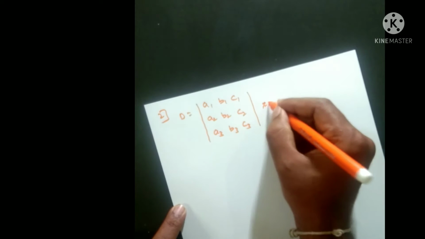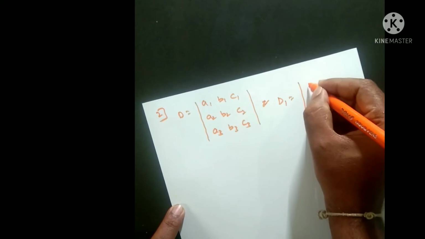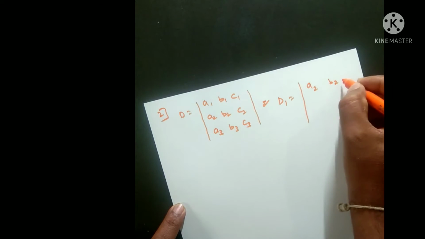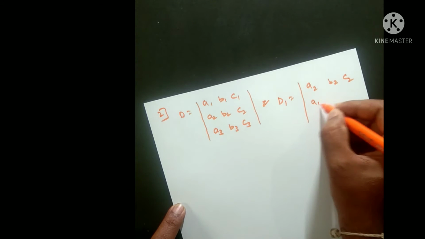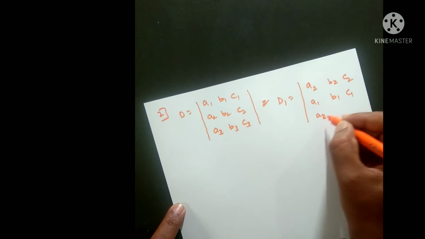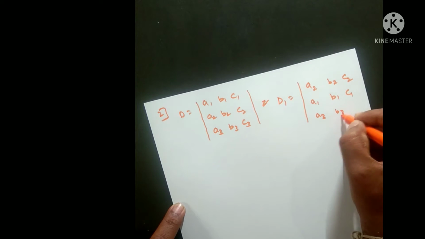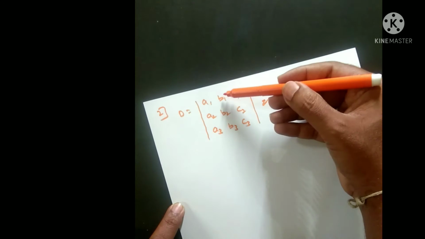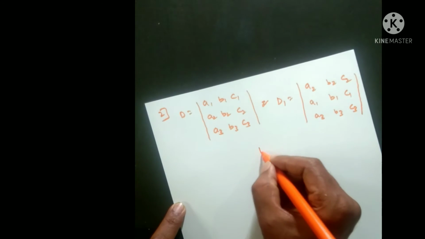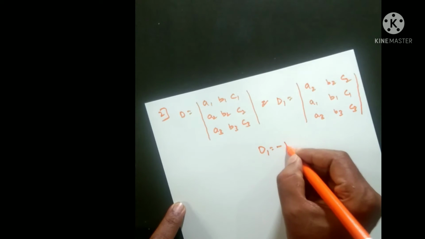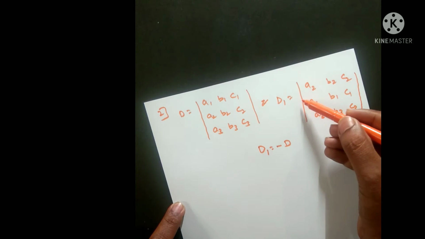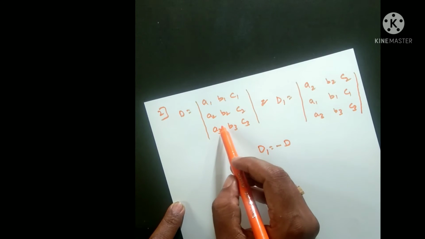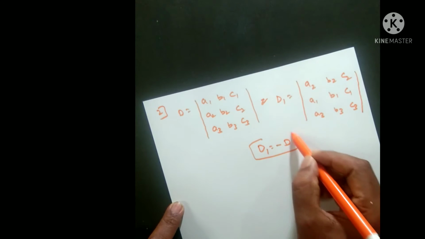When I interchange the first and second rows, the first row becomes A2, B2, C2, the second becomes A1, B1, C1, and the third row stays as it is, A3, B3, C3. The value of the resultant determinant only changes the sign of the first determinant.